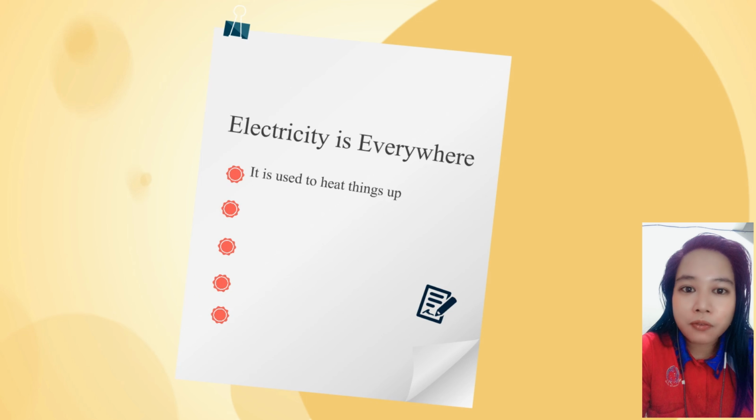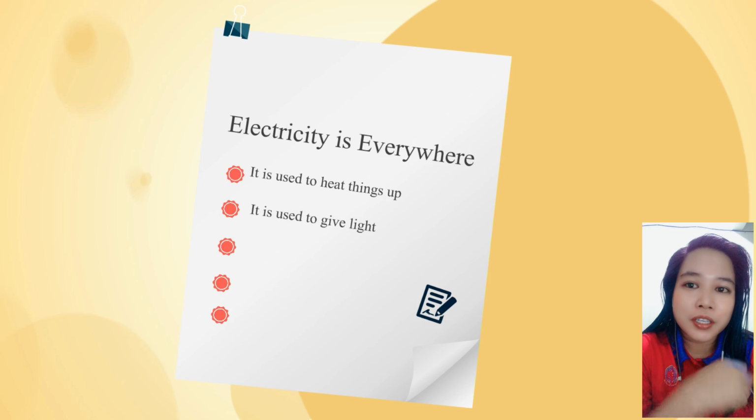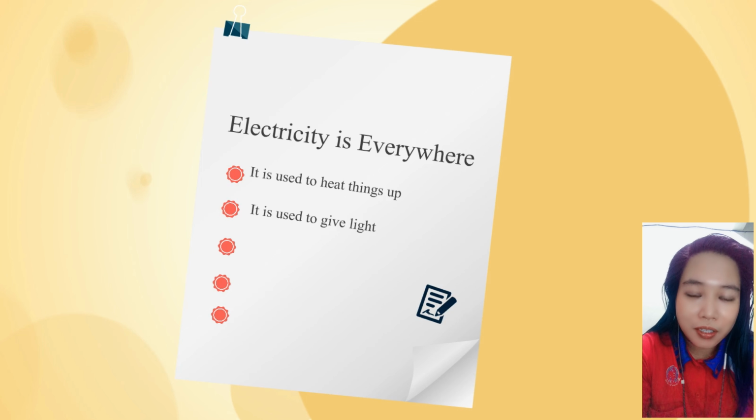Electricity is used to give light. For example, the lamp. Whenever it's night, it's going to be dark. So we use electricity to light up our lamp so that it will not be dark anymore. Another example would be flashlights.